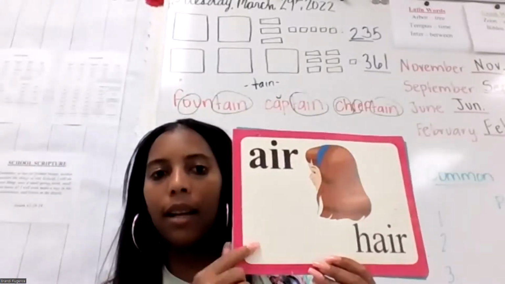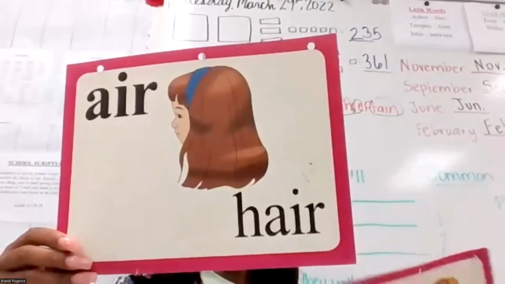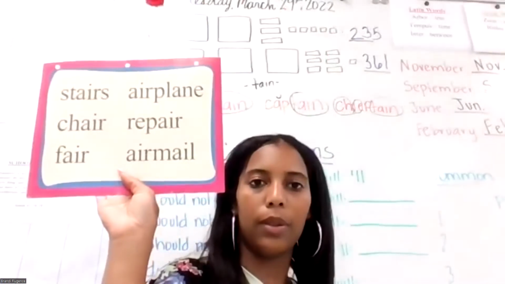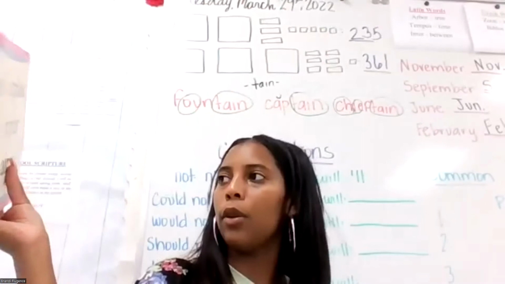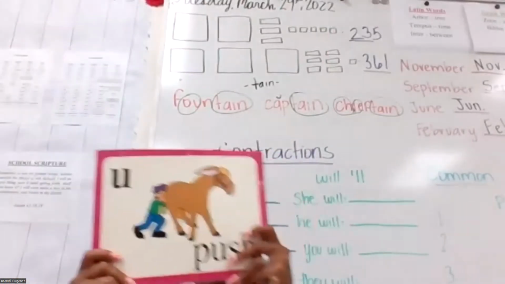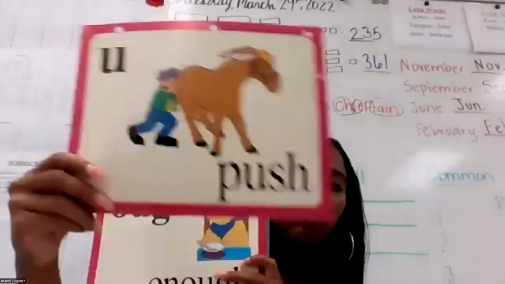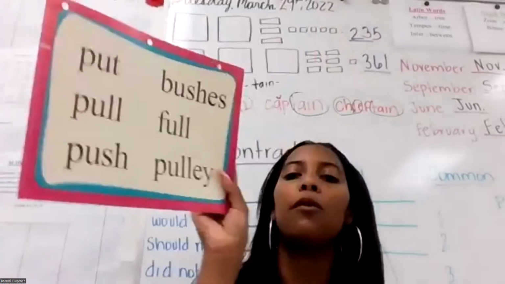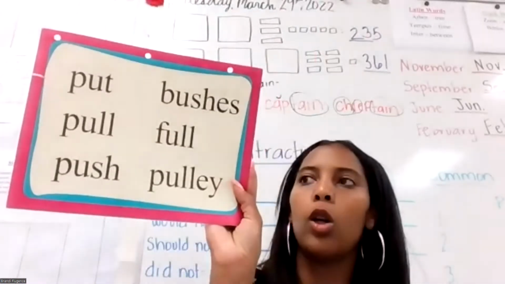All right, AIR says air in hair. Okay, if something's broken, we need to repair it. U says oo in push. Okay, whenever you eat a lot of food, your stomach will feel full.